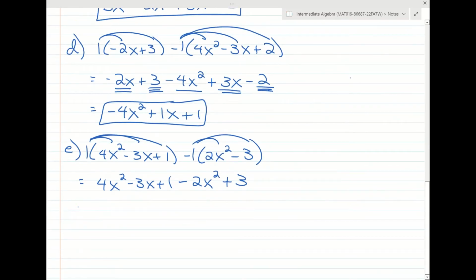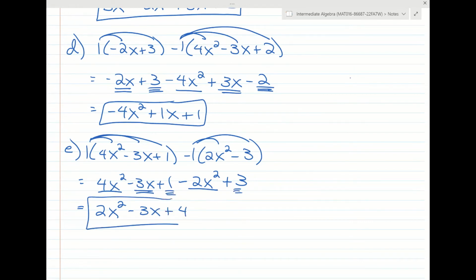And then we combine our like terms. So hopefully you're getting the hang of it by now. Pretty easy. The only way I can really make it harder is if I put like multiple polynomials. We'll see that in the next example.